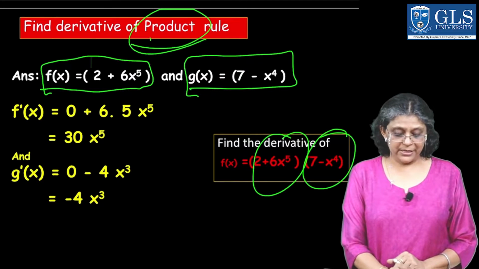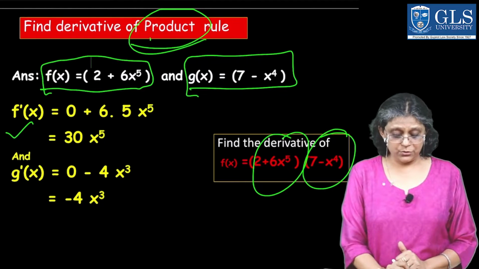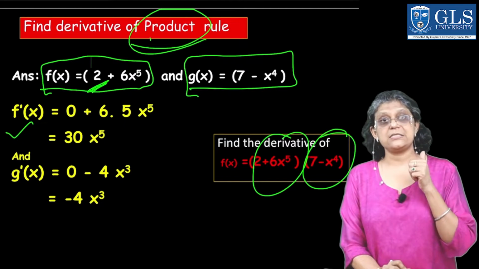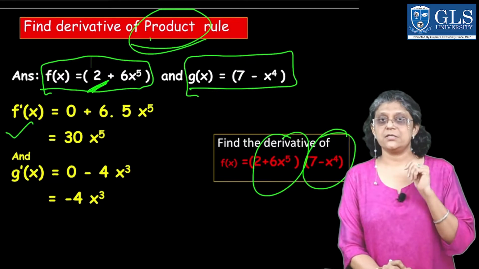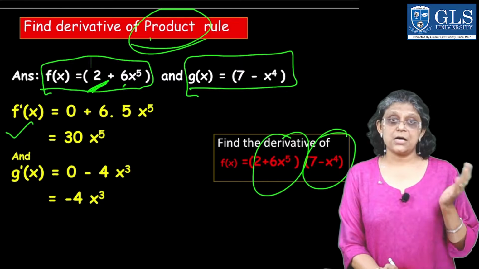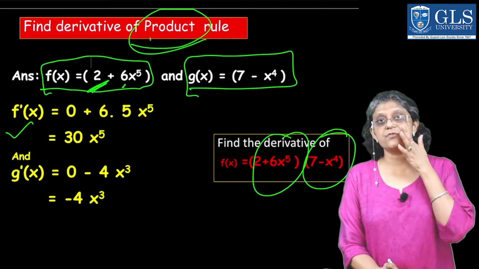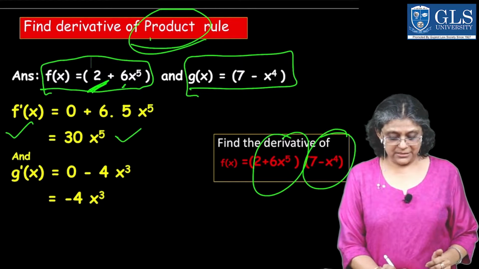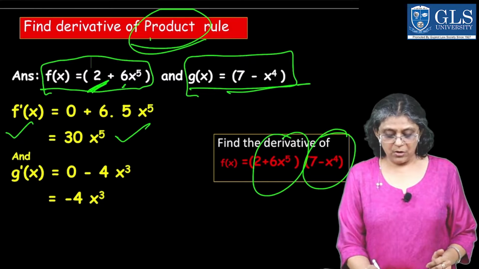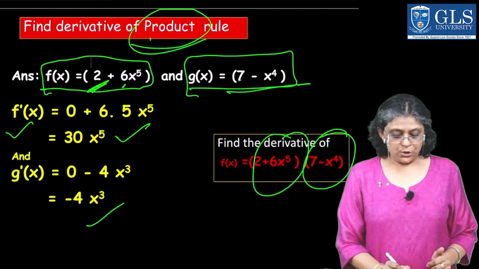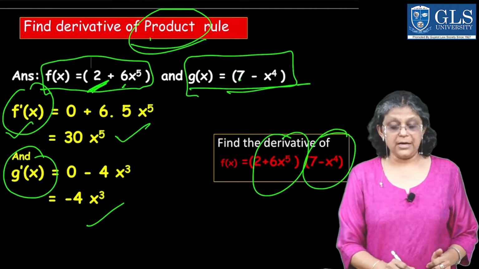Clear? So I am first differentiating them individually. Differentiating, 2 is 0, the derivative of a constant is 0, 6 is taken outside and 5, so 6 5s are 30. I get my answer as this. Here 0 will come and minus 4 of these. So I have got to this formula.